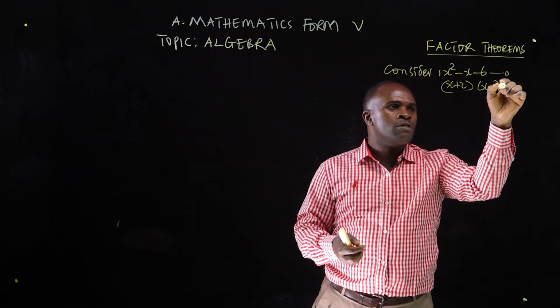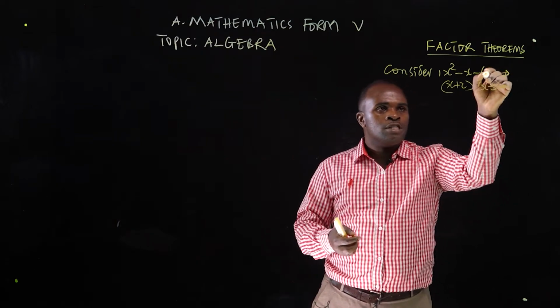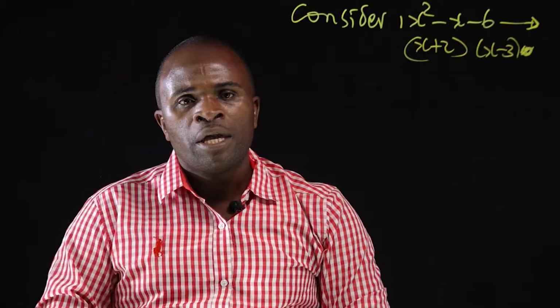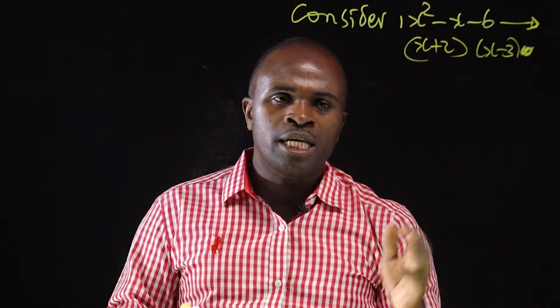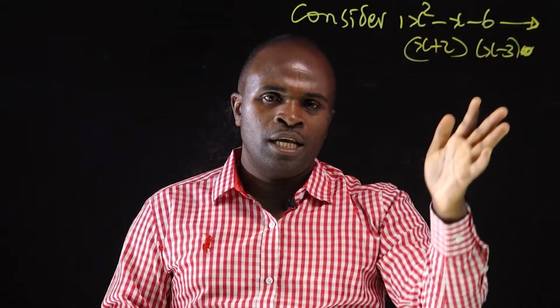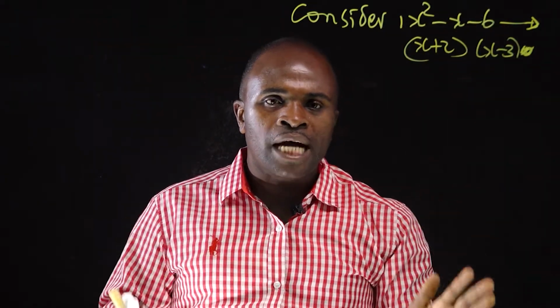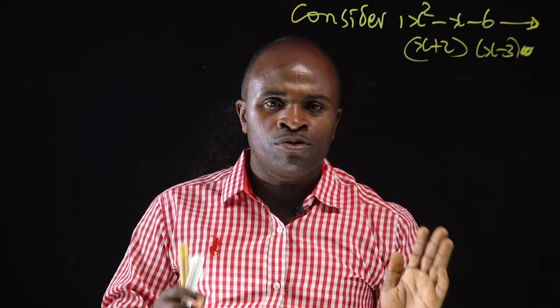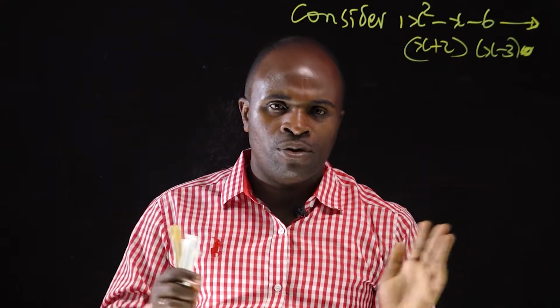This is when one is giving us just a quadratic expression. But this time, when you are given an expression with an exponent beyond 2, let's say power 3, power 4, how can you perform it? That is where we are forced to use the concept called the factor theorem.